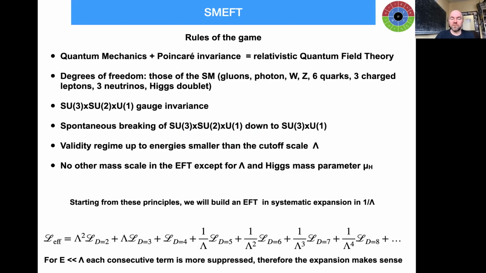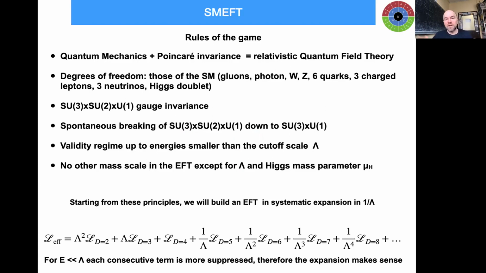First of all, the main way we approach this theory is bottom up, simply because we don't know the UV completion of that effective field theory. The second thing that is different is that we have a different set of degrees of freedom. We have a different gauge symmetry because now, instead of U(1), it's SU(3) cross SU(2) cross U(1).